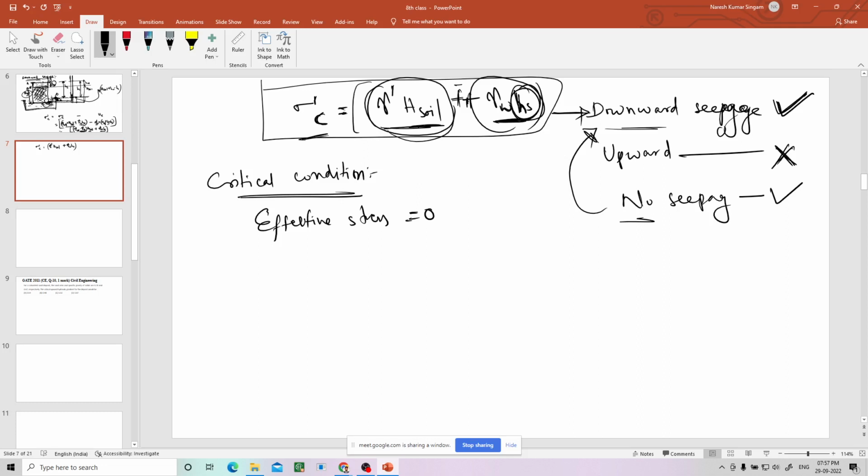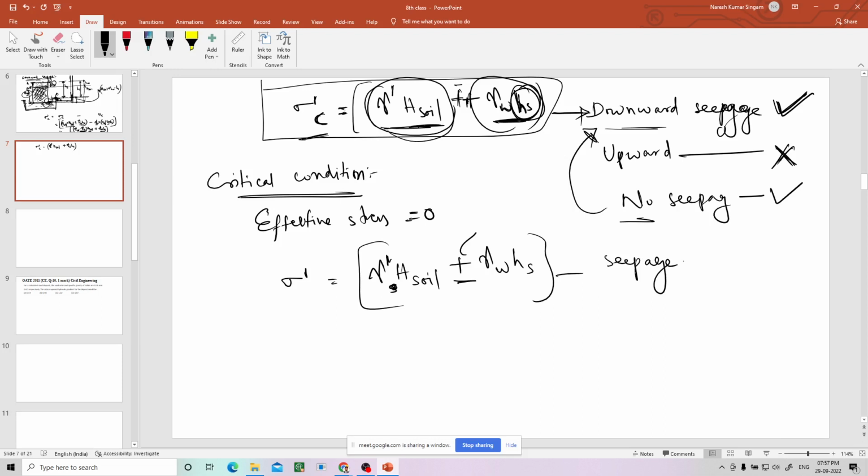So finally, effective stress can be written as gamma submerged into H soil plus or minus gamma W into HS for the seepage condition. If it is downward, it will be plus. If it is upward, it is minus.